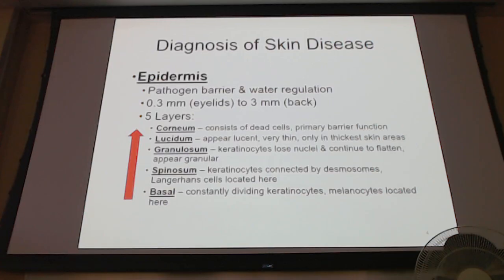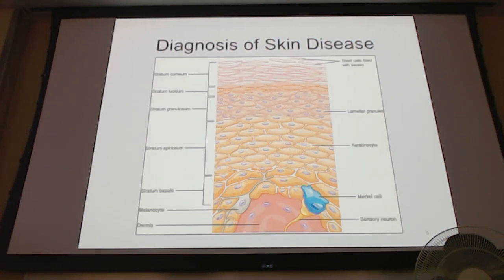Again, we know that those 5 layers of the epidermis, so stratum corneum is on top, that's the top of the base, or the skin, and then it breaks it down through those areas there. 5 layers, okay? Again, picture showing those things there.